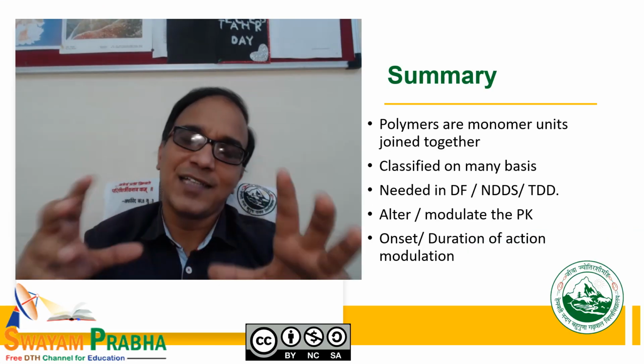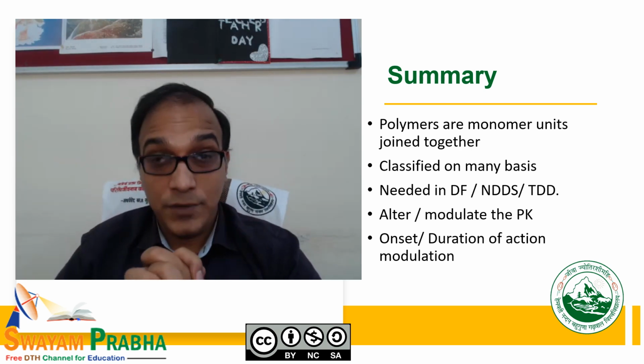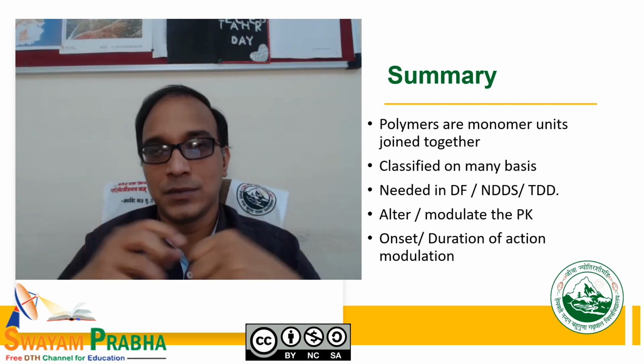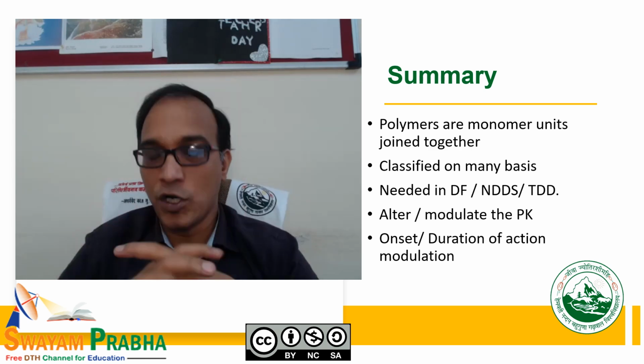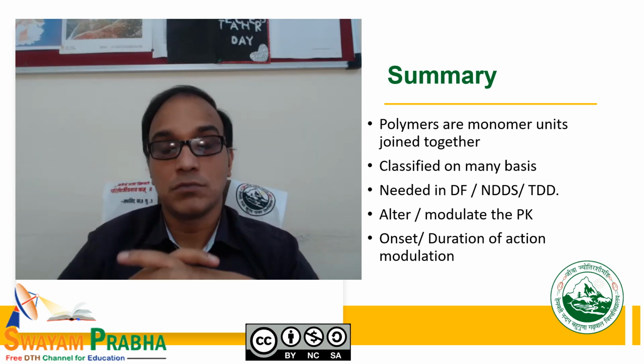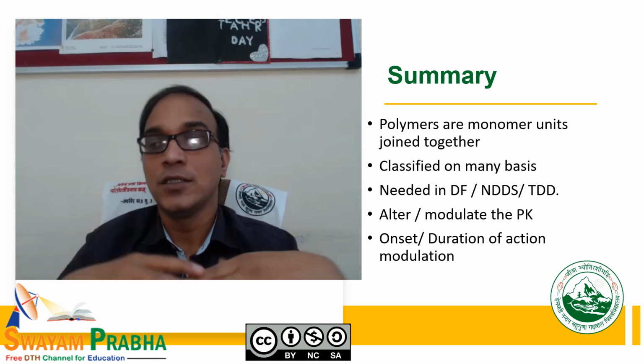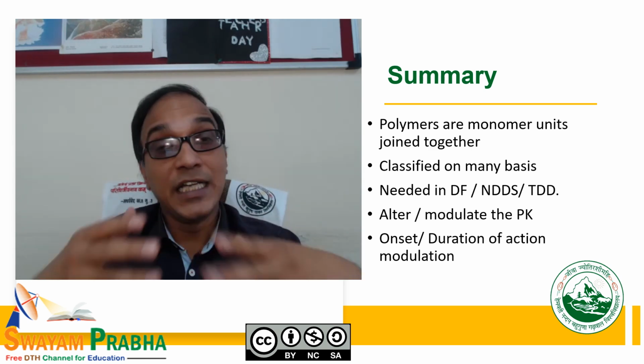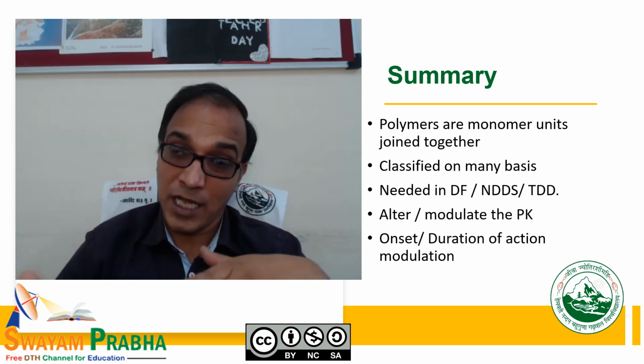So let me summarize what we learned. Polymer is a very big topic. We just tried to wrap it up from the exam point of view, what you should learn. These are monomer units joined together. They may be classified on many bases. They are needed in dosage forms, novel drug systems, and targeted drug delivery.